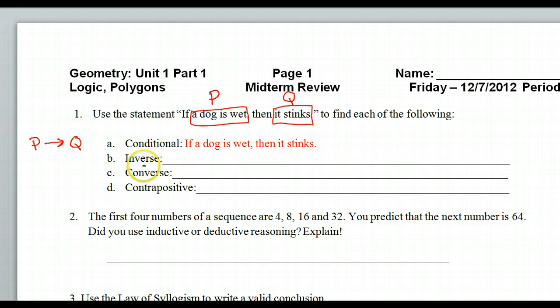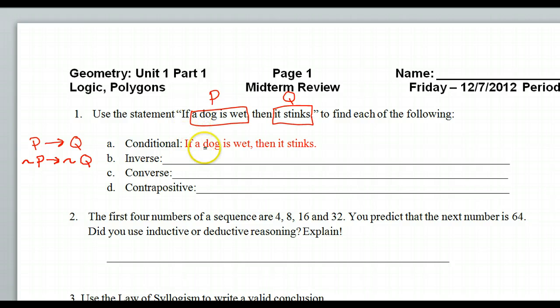So with that in mind, for the inverse, we just negate the hypothesis and conclusion. And the symbol for that is like this. If I put a tilde in front of it, that means not P. And if I put a tilde here, that means not Q. So the order doesn't change.